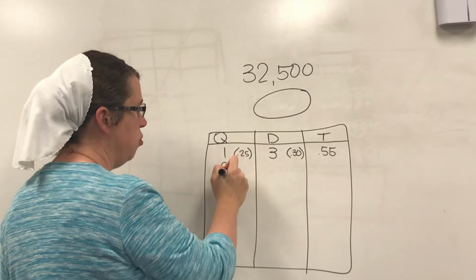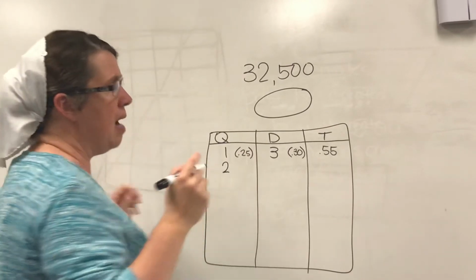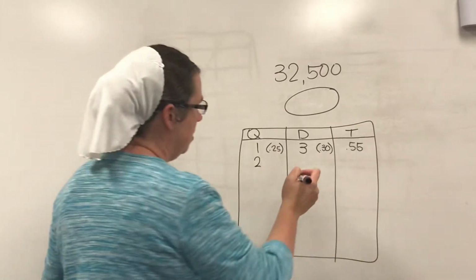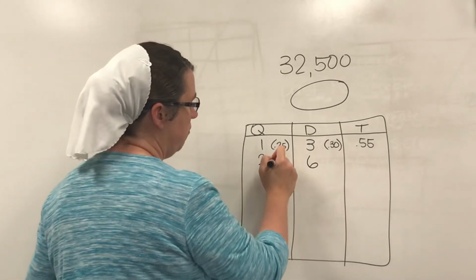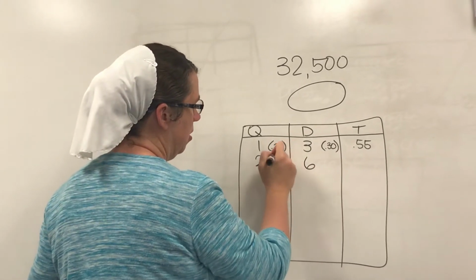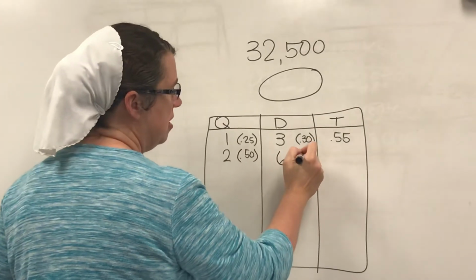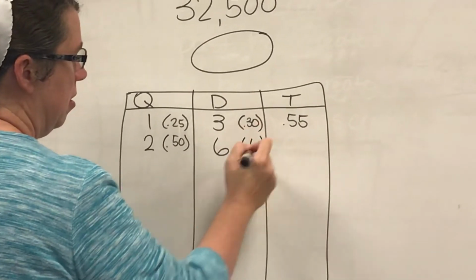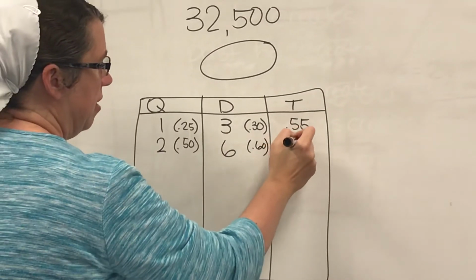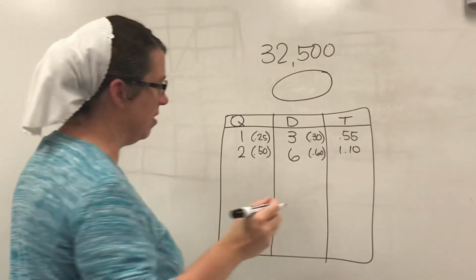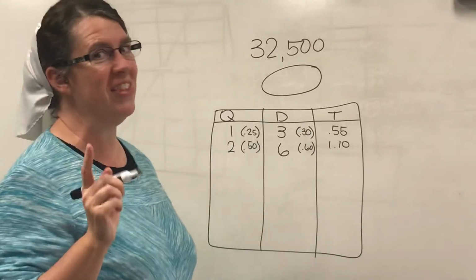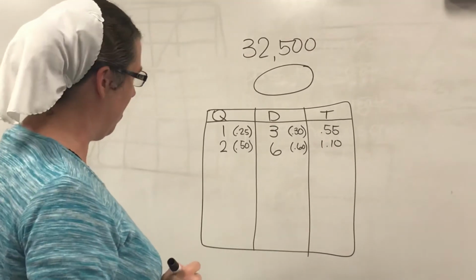Okay, so if he has 2 quarters, 3 times that many is 6. All right, so 2 quarters is 50 cents. 6 dimes is 60 cents. Altogether, he's got $1.10. Hope you are all following along, because I'm not going to give you all of the answers. I want you to figure out some of them.